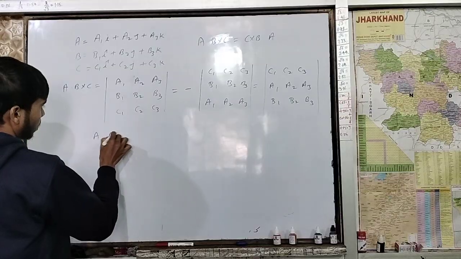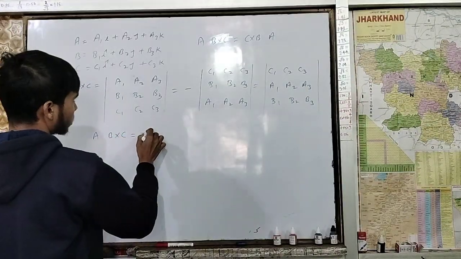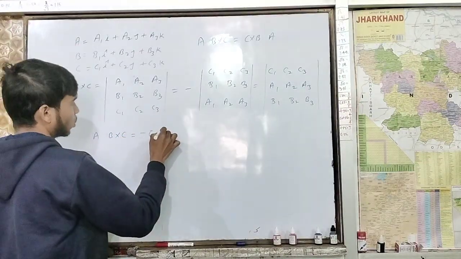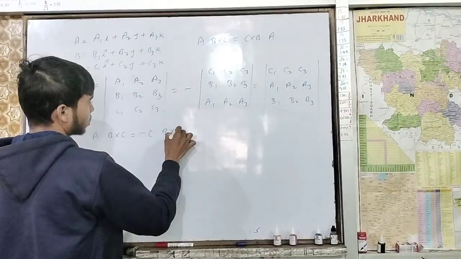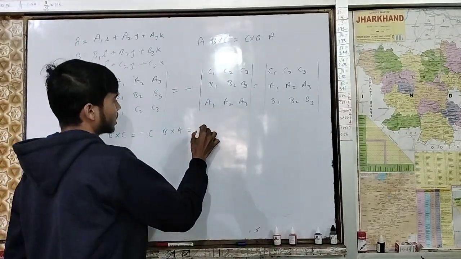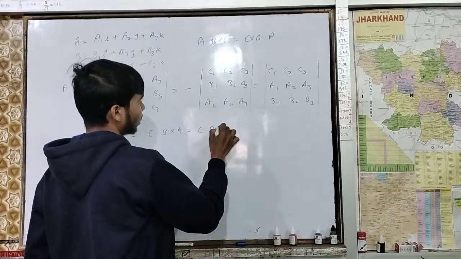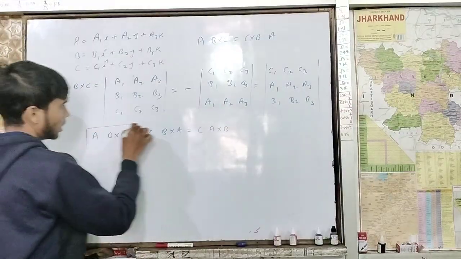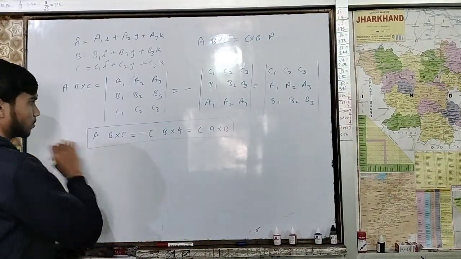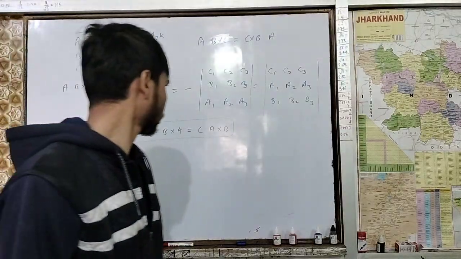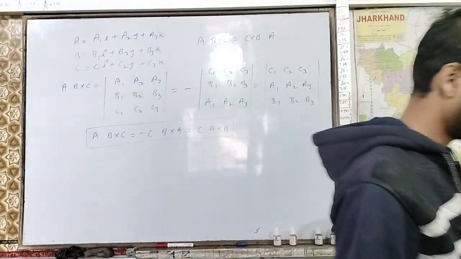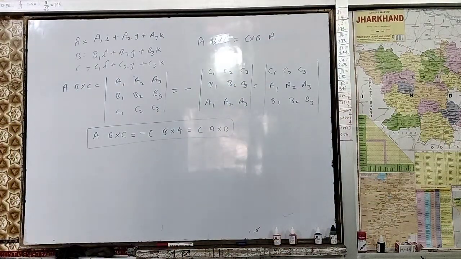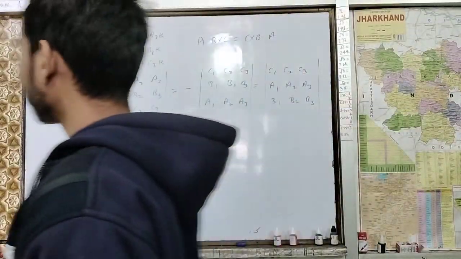A dot B cross C is equal to minus C dot B cross A, which is equal to C dot A cross B. Okay, this thing you will get. Got it? Have a look.